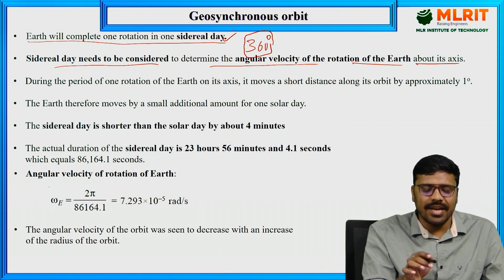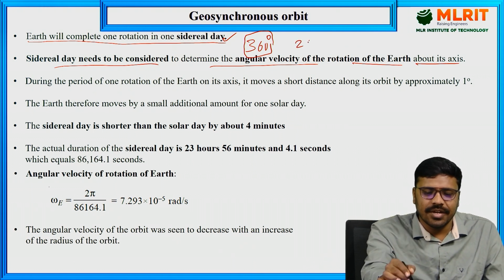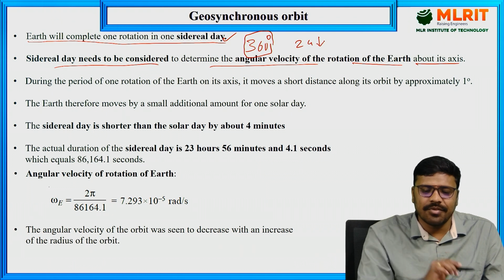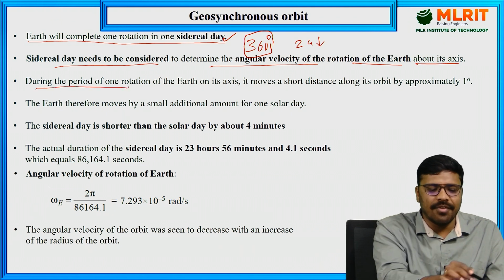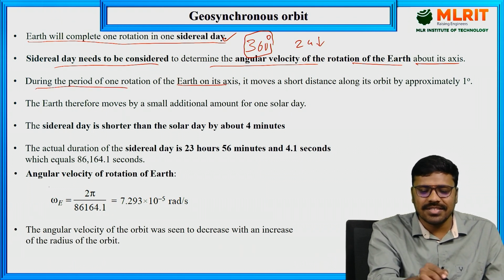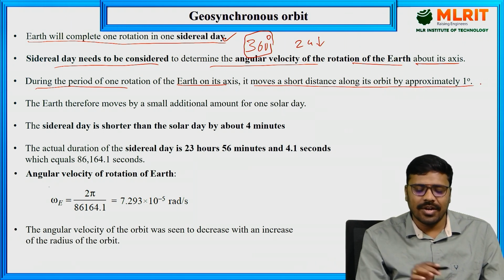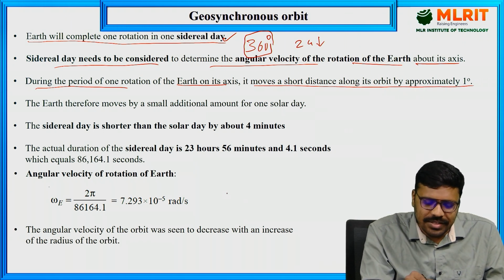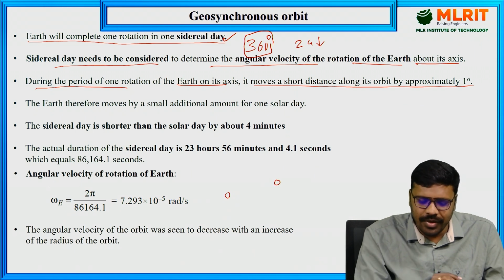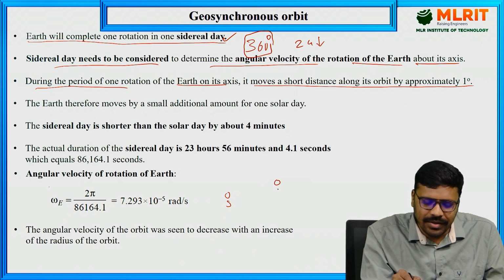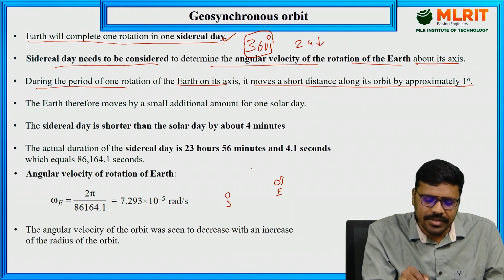Actually, the sidereal day is not exactly 24 hours. It is somewhat less than 24 hours. During one rotation of Earth on its axis, it moves a short distance along its orbit, approximately 1 degree. Suppose this is the Sun and this is the Earth. Earth is rotating around its own axis, and at the same time Earth also rotates around the Sun.